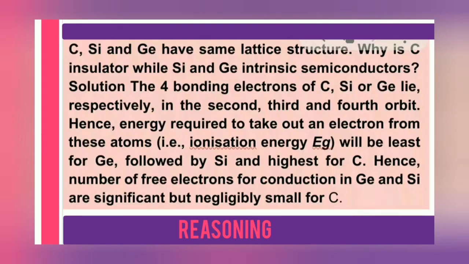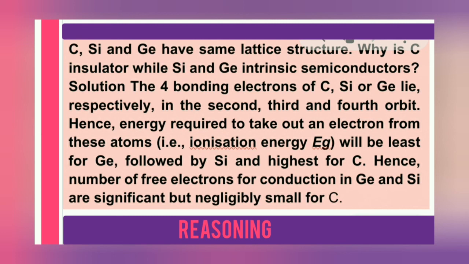Now we have one question. Carbon, silicon and germanium have the same lattice structure. Why is carbon an insulator while germanium and silicon are intrinsic semiconductors? The reason is that all three elements belong to the same group, but the size of the carbon atom is small as compared to silicon and germanium.